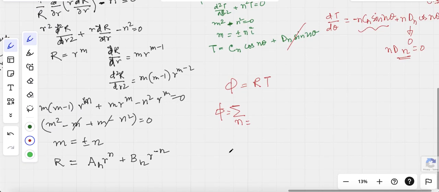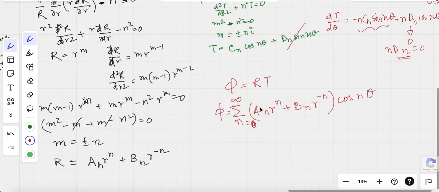Psi is the summation of n from 0 to infinity of an r to the power of n plus bn r to the power of minus n, times cos n theta. What we have done is that we have taken Cn and an into Cn as a constant.